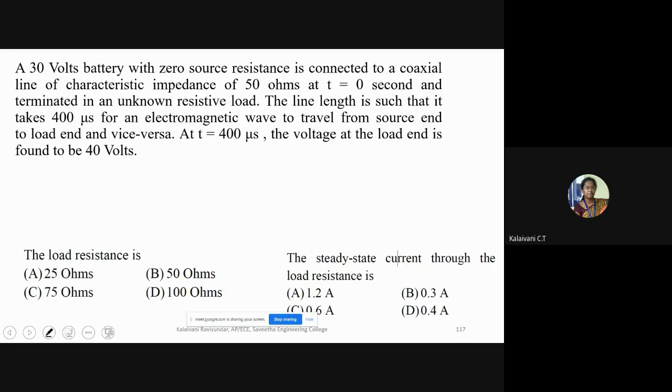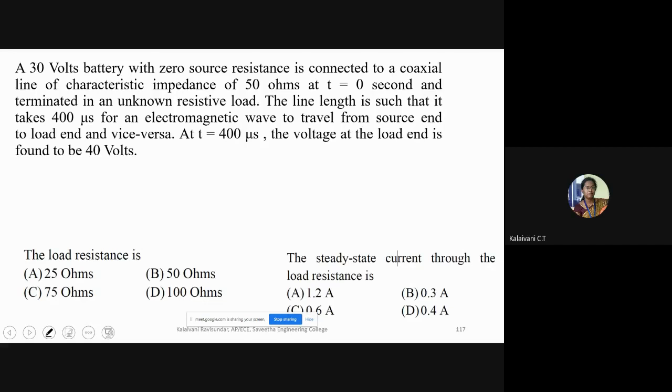So at t is equal to 0 seconds, voltage is 30 with zero source resistance. So resistance is 0 for the source, connected to a coaxial line of characteristic impedance of 50 ohms and is terminated in an unknown resistive load.